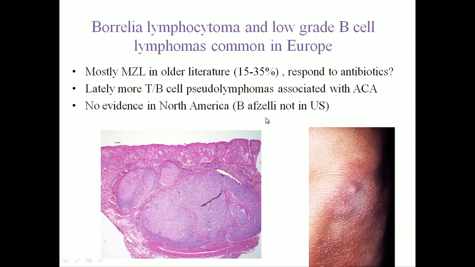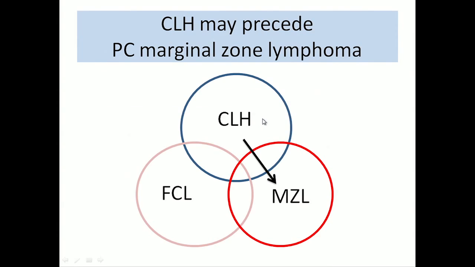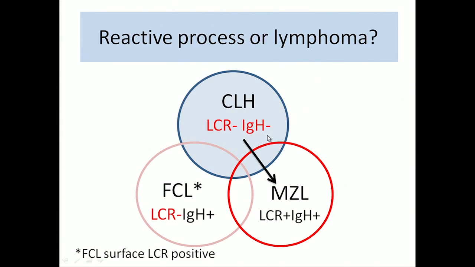Borrelia in Europe has been reported associated with lymphomas, not so in the United States. We'll talk about that. Now, we know that primary cutaneous marginal zone lymphomas and probably even all the extranodals may go through a chronic reactive phase.